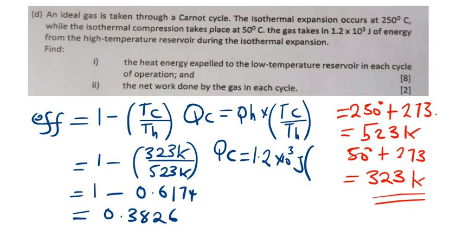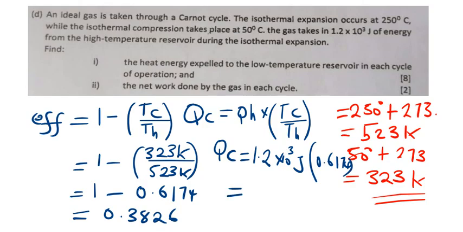Now we've already found what TC over TH is, the temperature of compression divided by the temperature of expansion. What did we find when we were dividing? We found that it was this one here. So I'm just going to replace it here. This is multiplying by 0.6174.